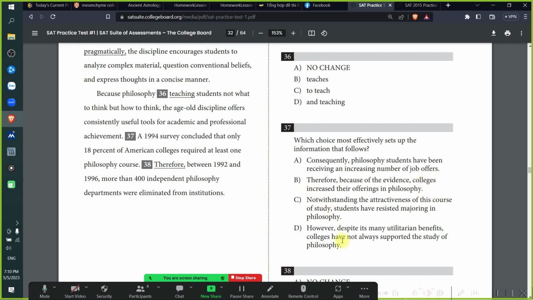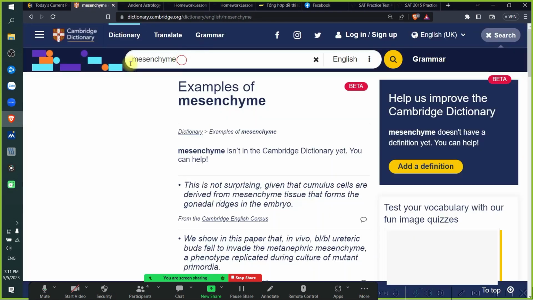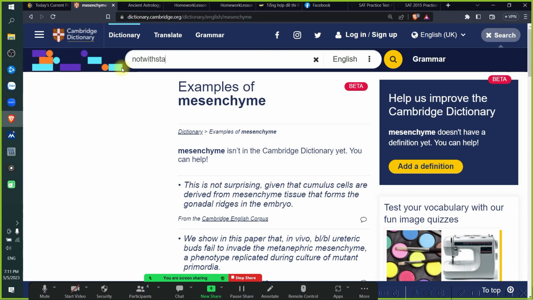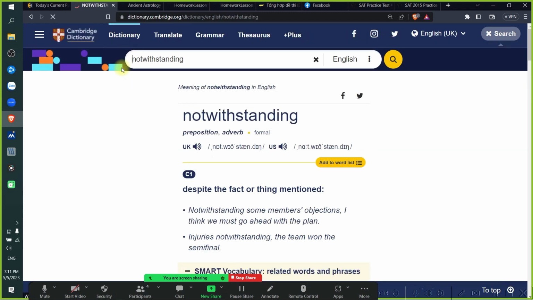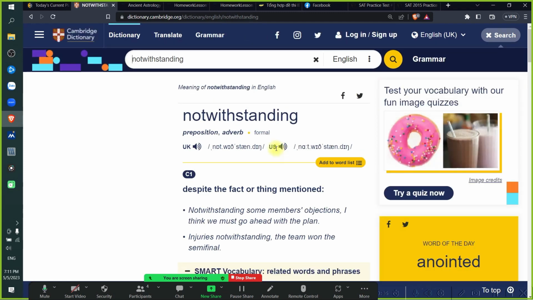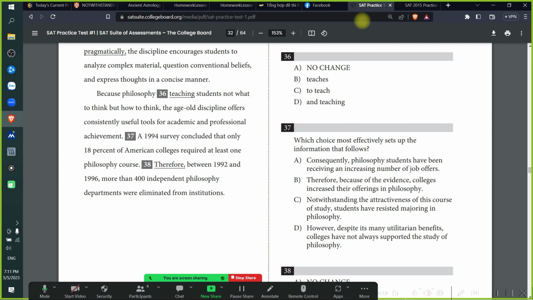C. Notwithstanding the attractiveness of this course of study, students have resisted majoring in philosophy. Notwithstanding, I forgot this one. Notwithstanding means despite the fact. Bất chấp một cái sự thật nào đó được nêu ra.